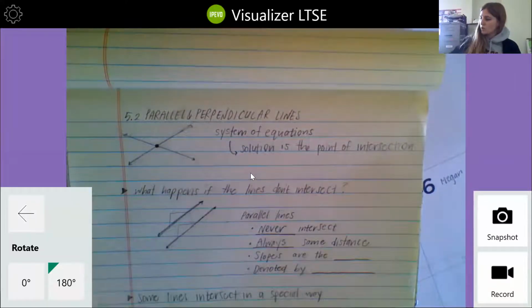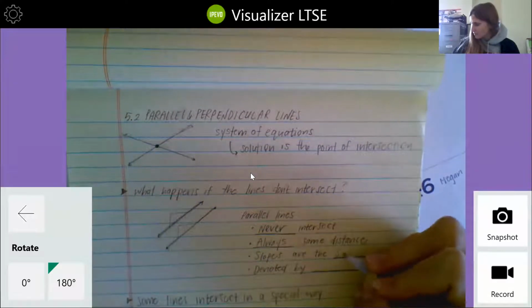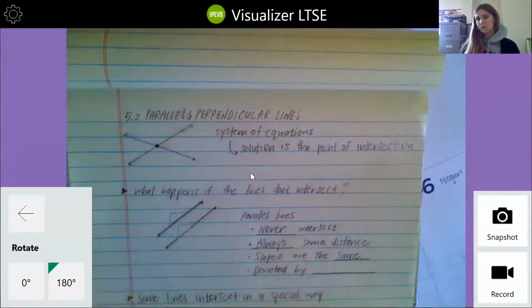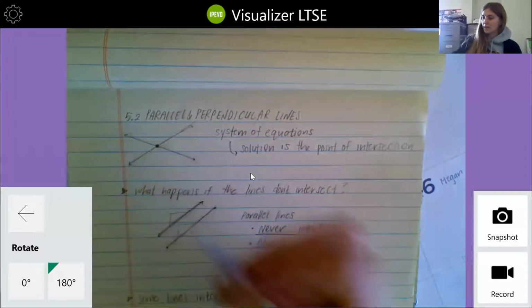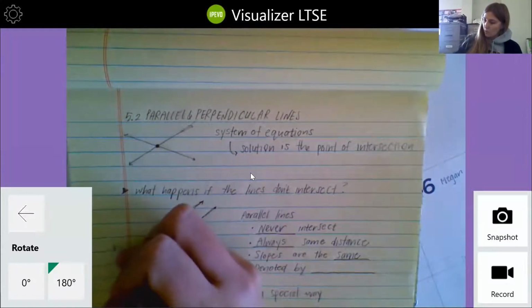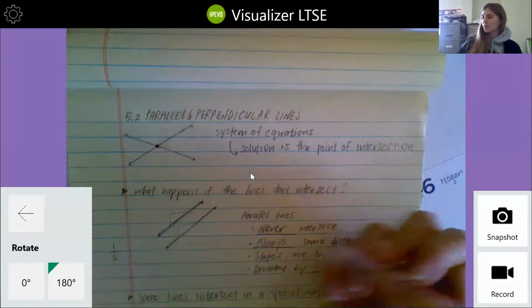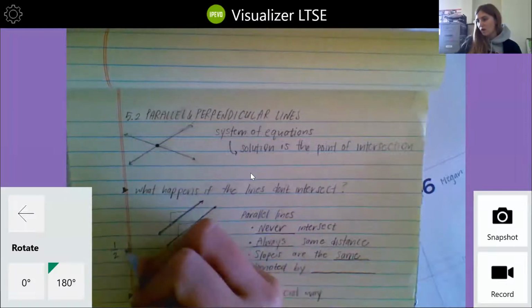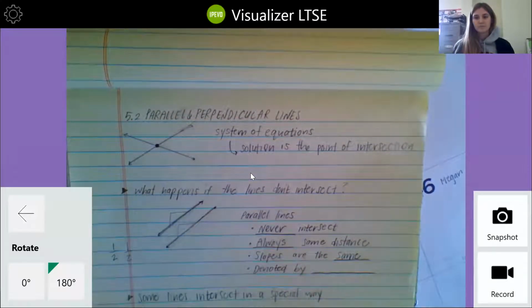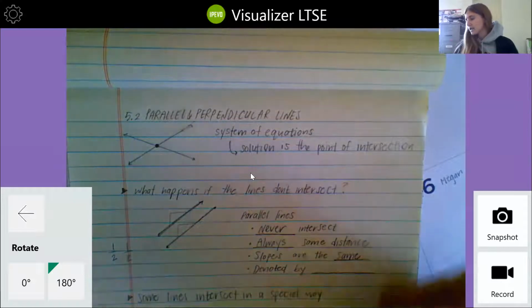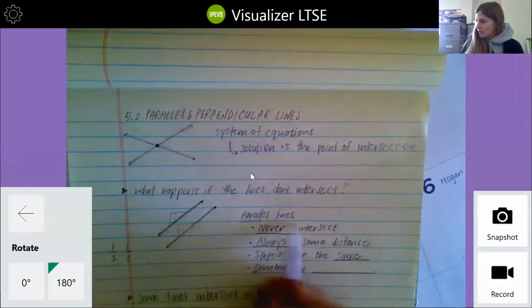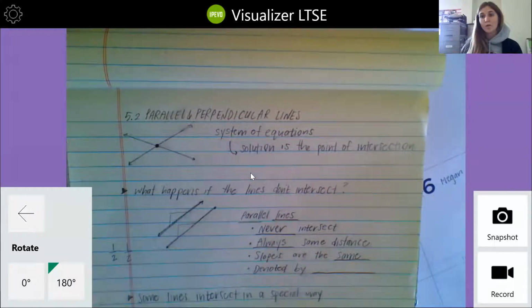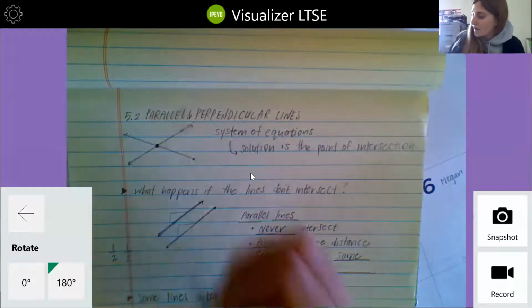Okay, so the slopes are the same. So if the slope of this line is 1 over 2, then the slope of this line would be 1 over 2.